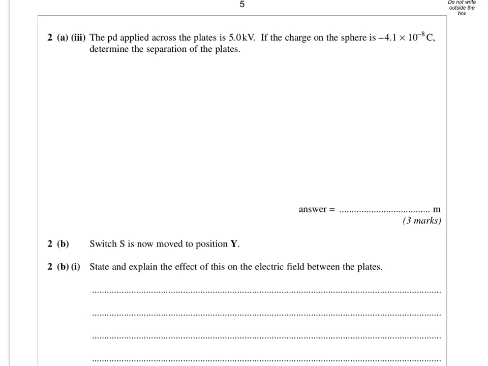Potential difference applied across the plates is 5 kilovolts. The charge on the sphere is minus 4.1 times 10 to the minus 8 coulombs. Determine the plate separation.